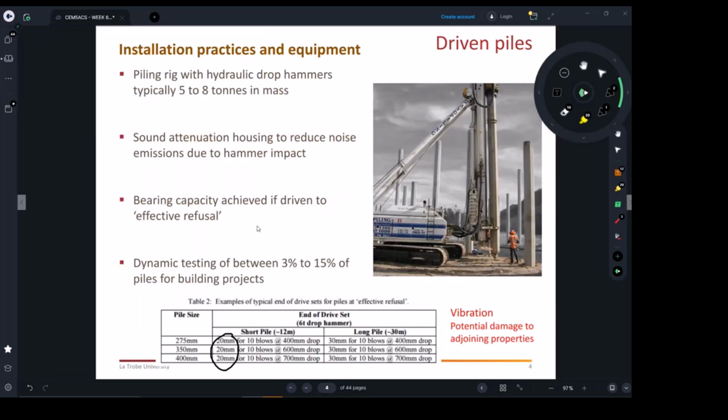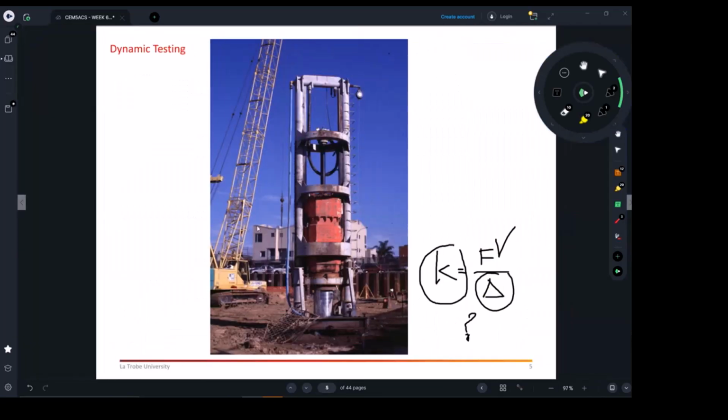All right. So for this subject, construction, what you just need to understand is basically that there is testing for the piles. That's what you need to understand.